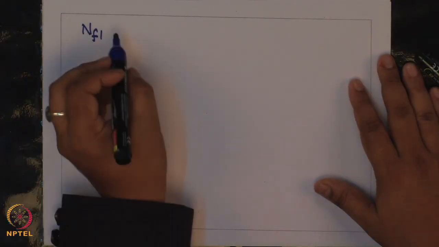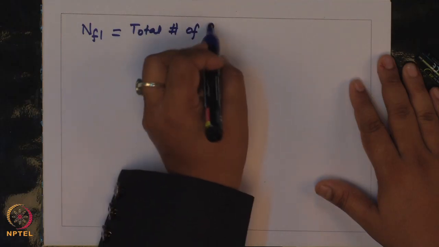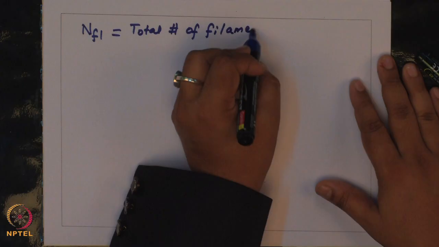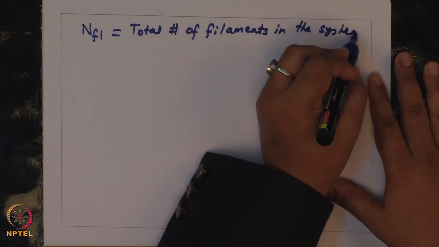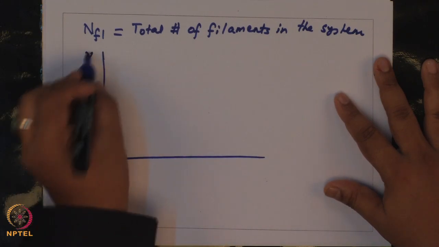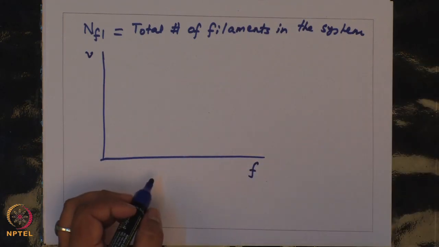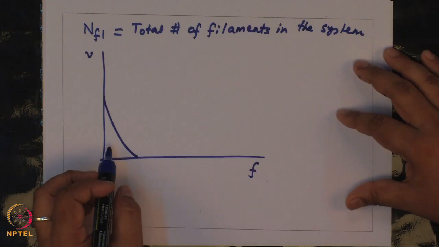Okay. So, what will be the growth profile of this network? Imagine that I constrain the total number of filaments in the system. N filament is the total number of filaments in the system. So, in the force velocity curve, this is again the stall force for a single filament.